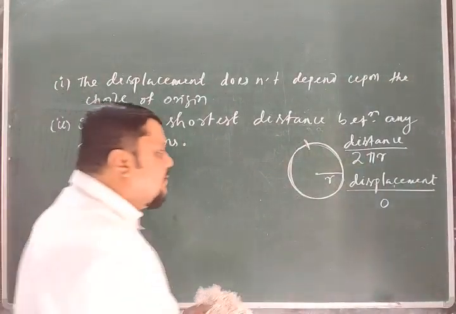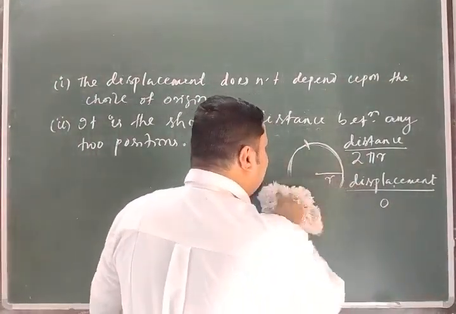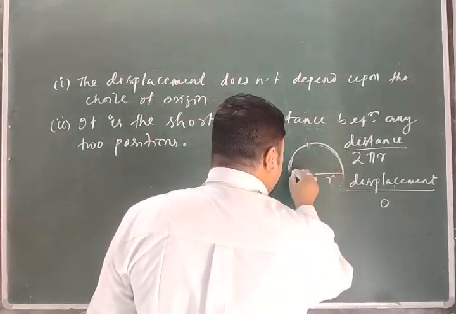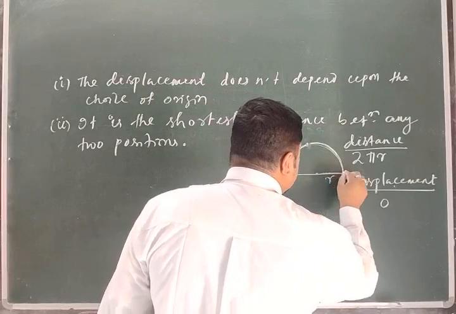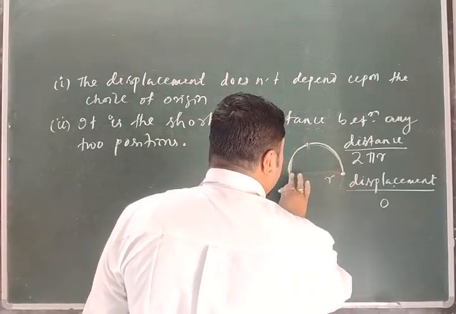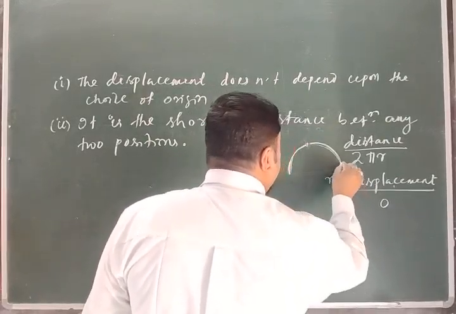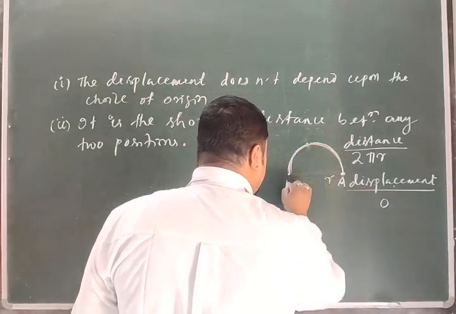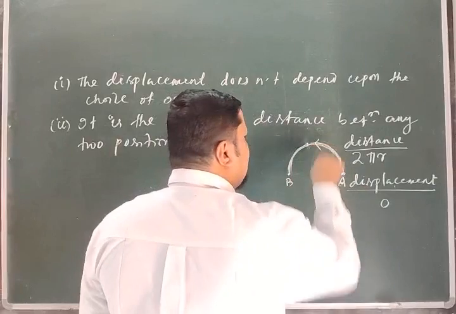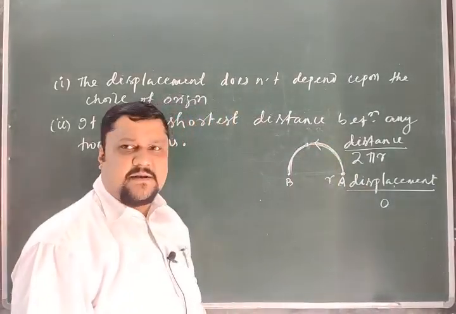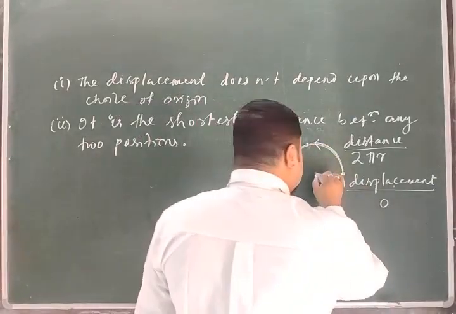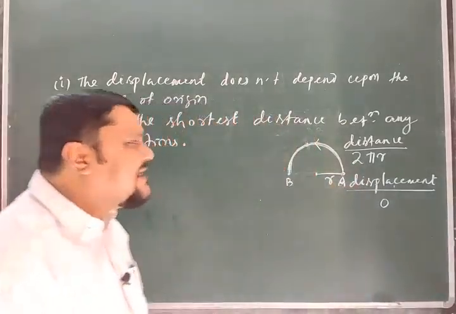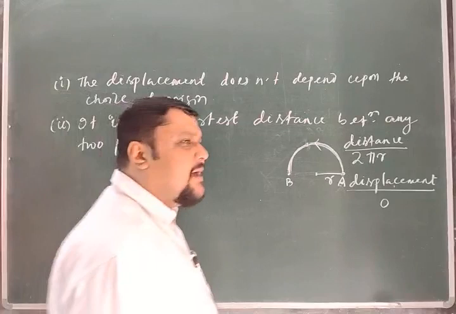Similarly, if I ask you for a half circle, suppose the particle starts from the point A and reaches the point B along this path, and r is the radius. Then what is the distance covered by the particle?